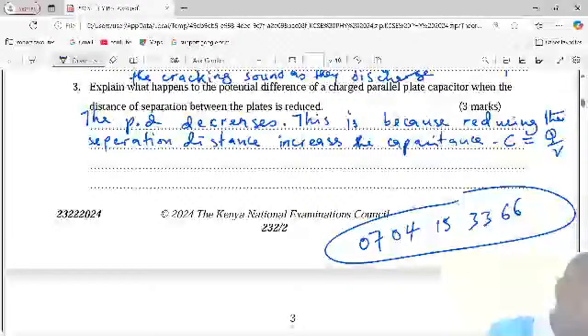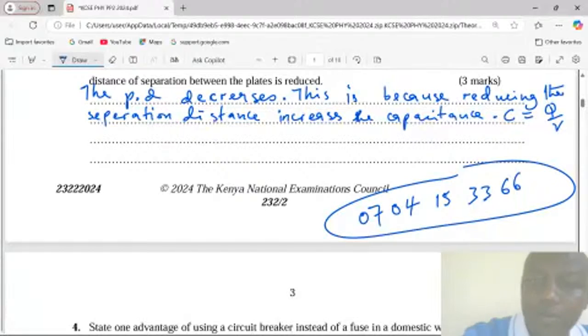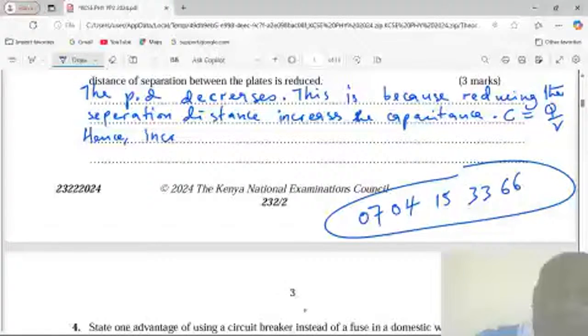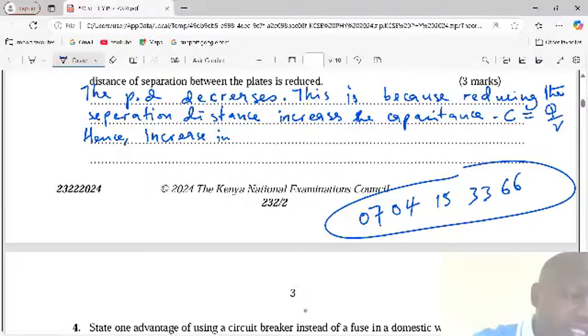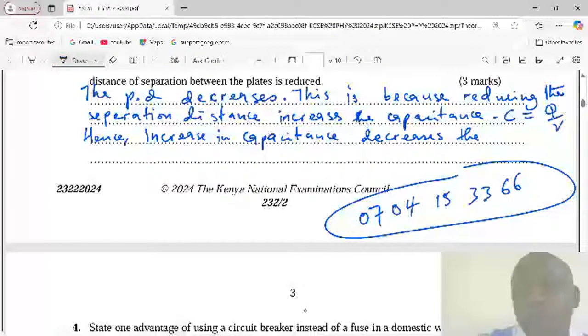With that, we can now say that an increase in capacitance automatically decreases the potential difference.